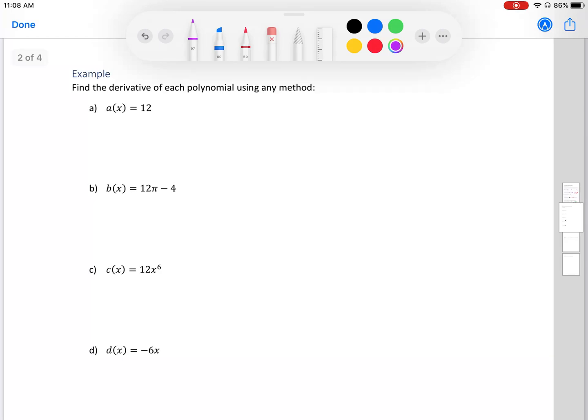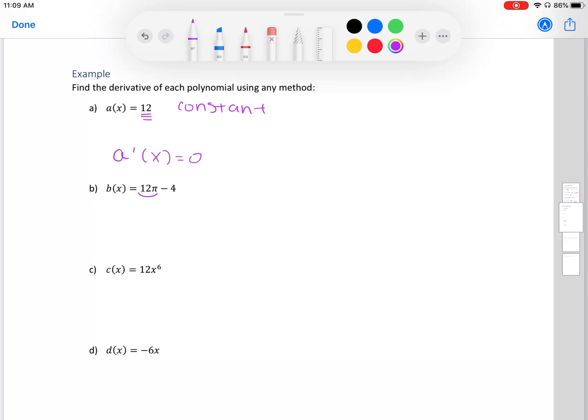Let's do some examples. Find the derivative of each of the following using any method. So for our first one, we see that our function is just a number, it's a constant. So we can use that first rule where it says that the derivative of a constant is 0. Next, B. Okay, this one we can use two theorems at once.